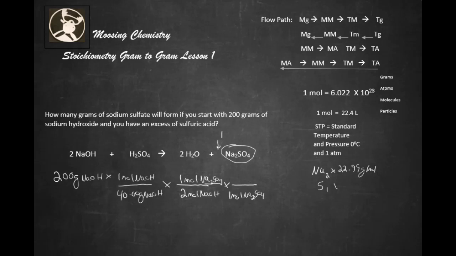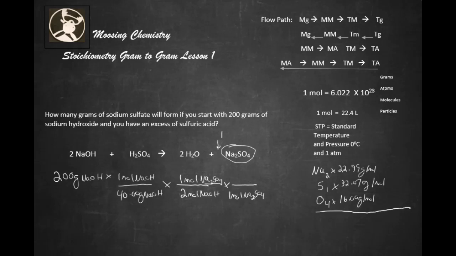S is sulfur, 1 times 32.07. Of course, that will be grams per mole. And then oxygen would be 4 times 16.00 grams per mole. So far, so good.